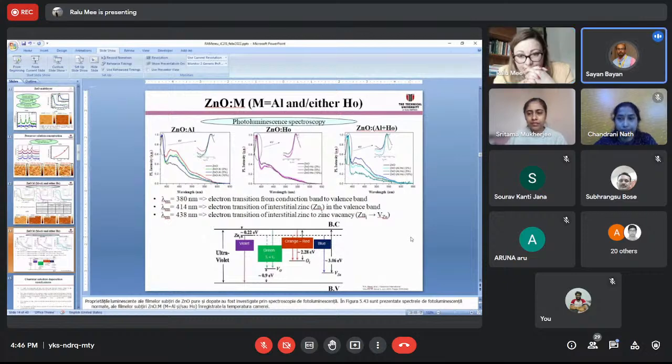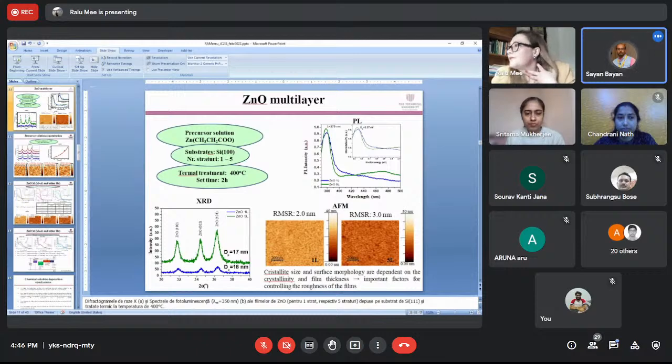Yes, I can understand. But my question was how it differs for this one layer and five layers. Why are you getting this kind of defect in five layers? To my knowledge, one layer should have higher defect density than five layers, because one layer will have nanoparticles of smaller size.